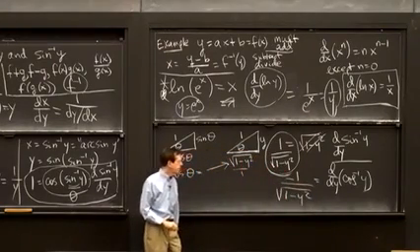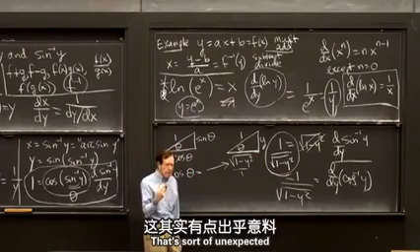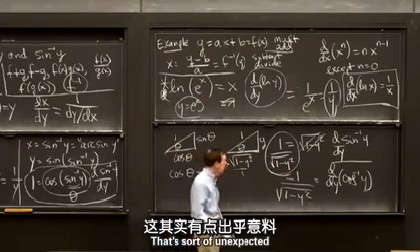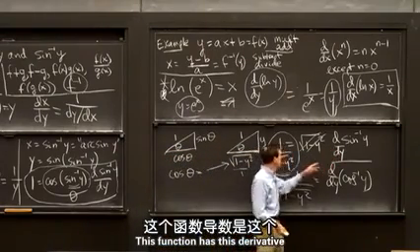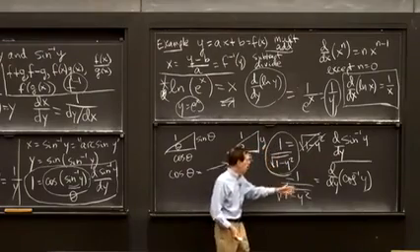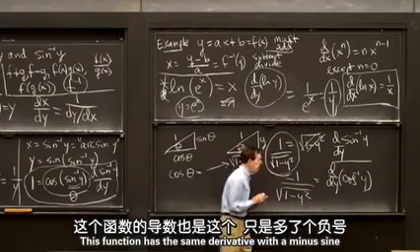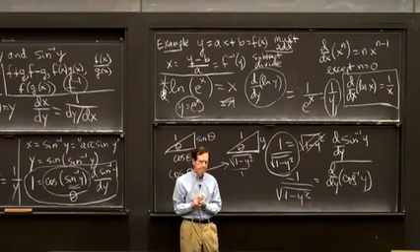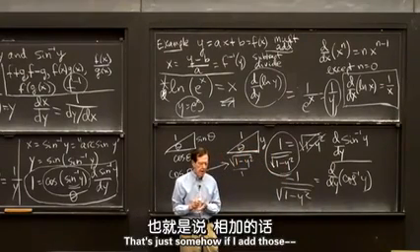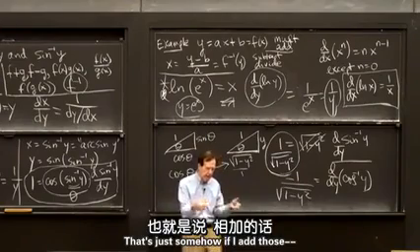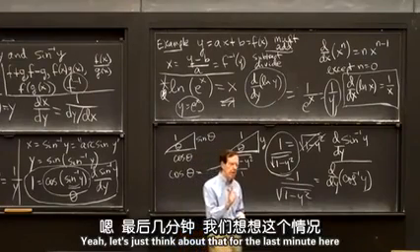Okay. That's sort of unexpected. This function has this derivative. This function has the same derivative but with a minus sign. That suggests that somehow if I add those, let's just think about that for the last minute here.